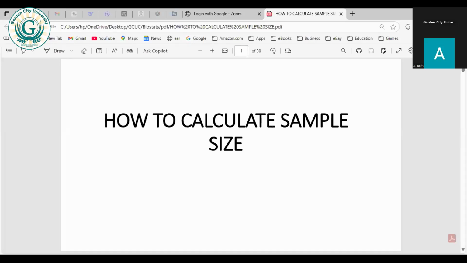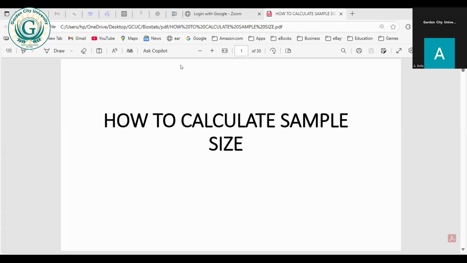And so we've learned how to get a sample making good use of the sampling techniques. That's what we learned last week. So today we are going to learn how to calculate the sample size. That's our objective for today.